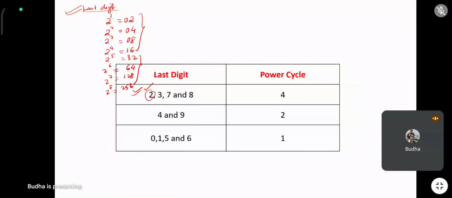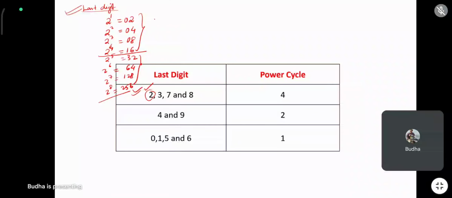That means whenever you have power as 1, 2, 3, 4, you will have the same sequence. 5, 6, 7, 8, you will have the same sequence. Means the cycle will change. The cycle ends with every multiple of 4 power. See, at every fourth power the cycle will end.